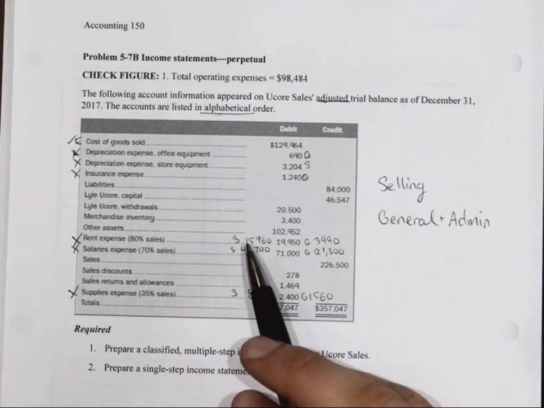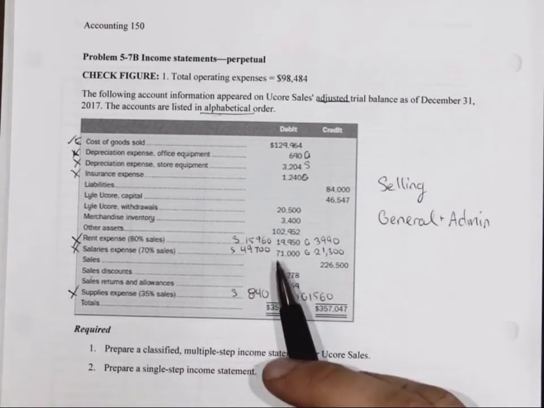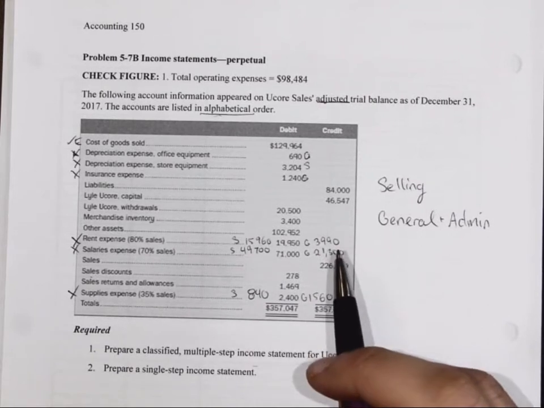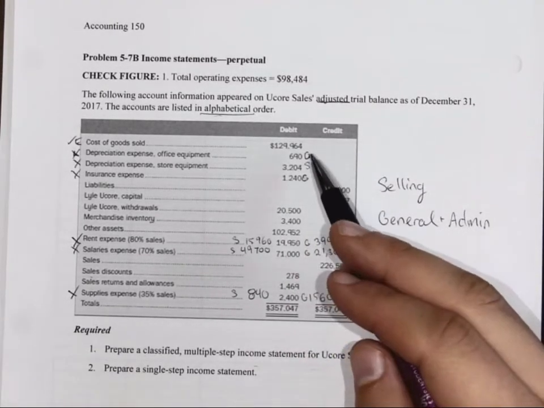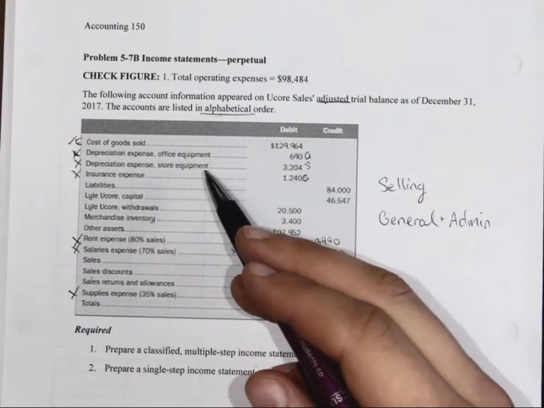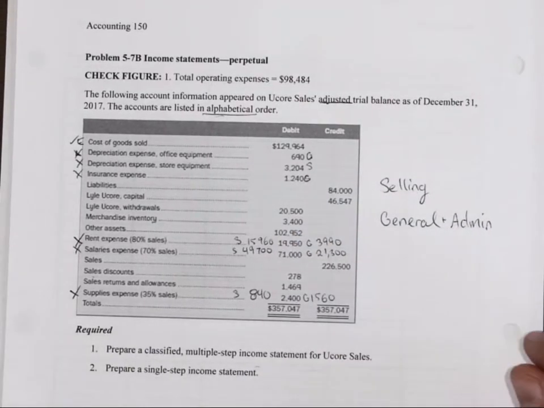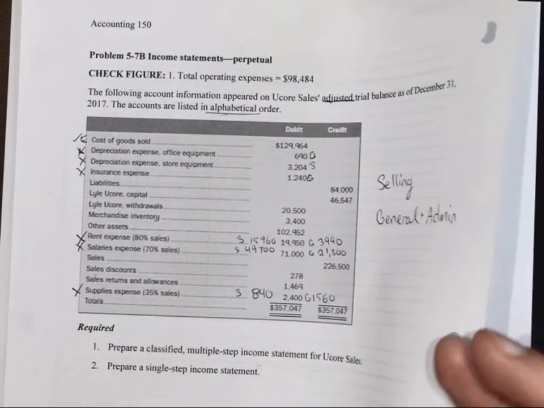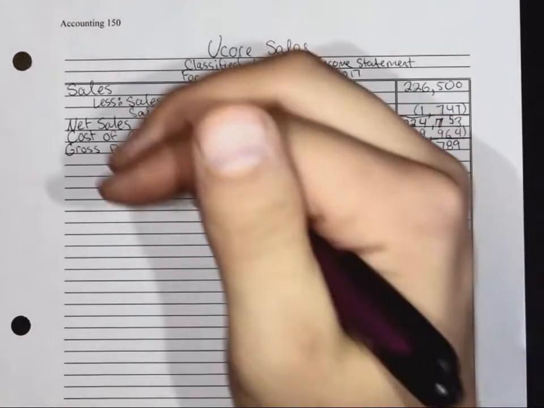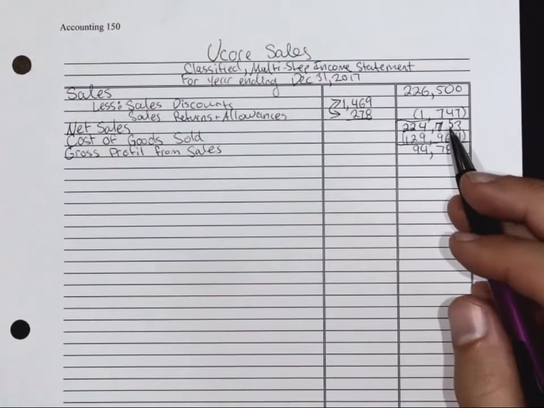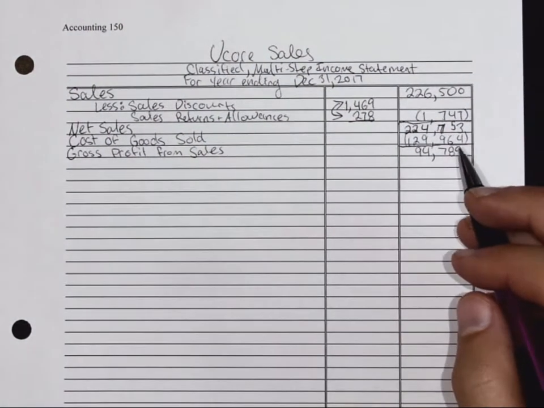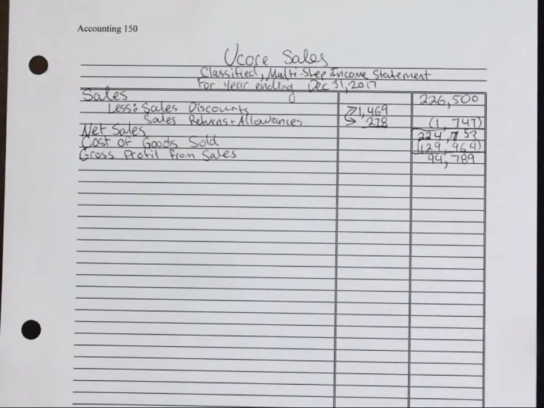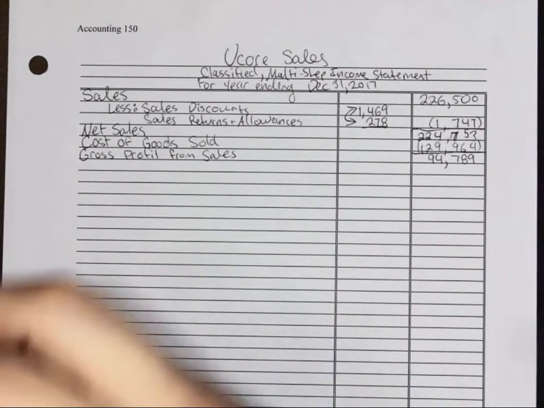We've taken this percentage for sales and the leftover goes to general and administrative. Here we've assigned them to general or sales just based on their accounts. So now we can get back into our operating expenses. We've got our net sales, our cost of goods sold, and we've determined our gross profit from sales.